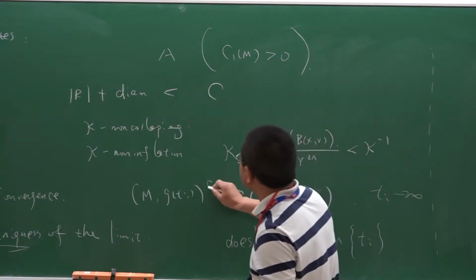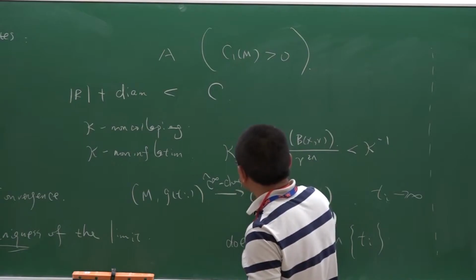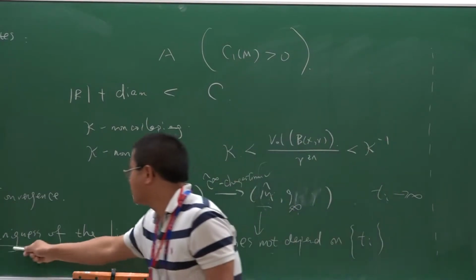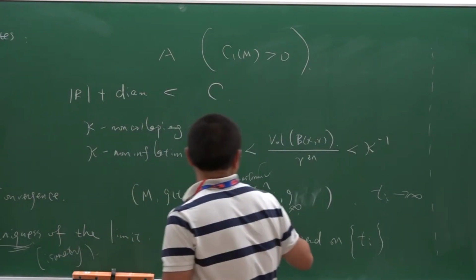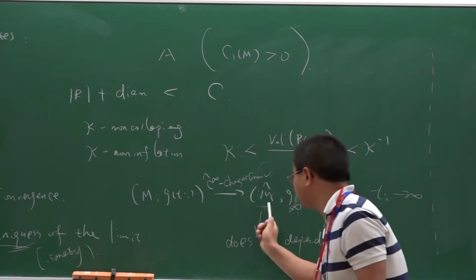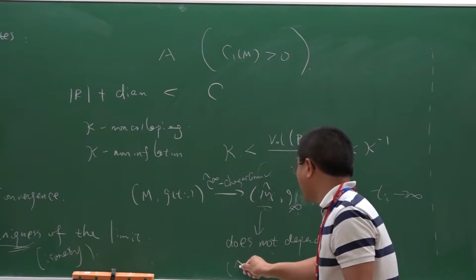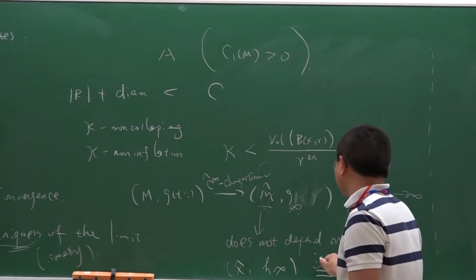So this is convergence in the Cheeger-Gromov sense. So this uniqueness means isometry. If you have two limits, M hat with g_infinity, let's say X hat with h_infinity, then they are isometric.